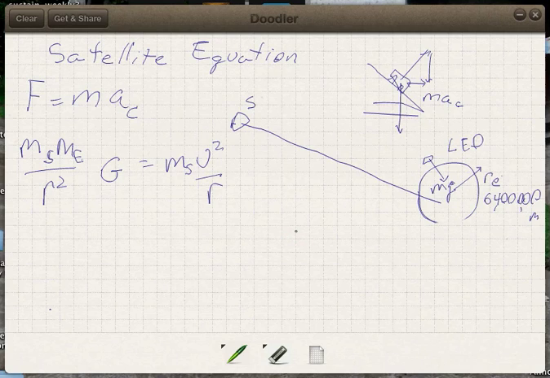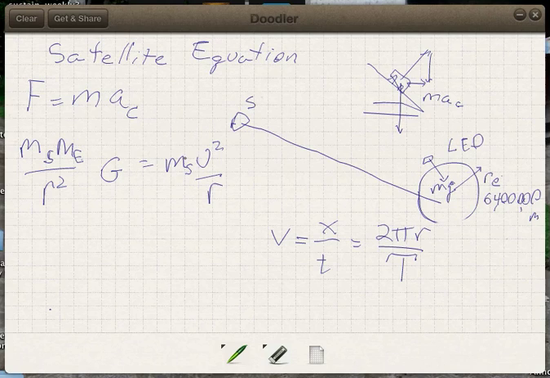We can put things in terms of the period, the amount of time it takes the satellite to go around the planet, with the relationship velocity is equal to distance over time. The distance to go all the way around is 2 pi r, and the time is just the period of revolution.